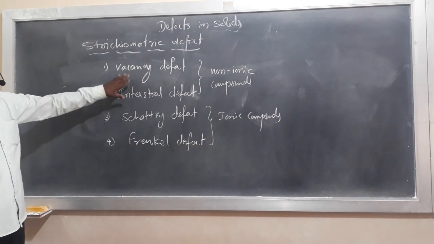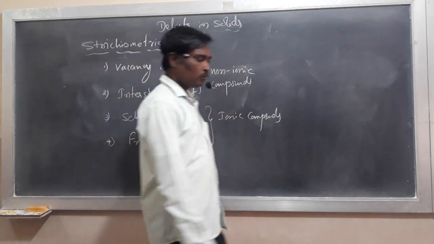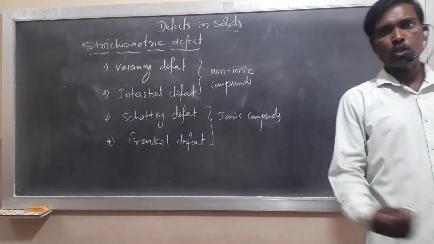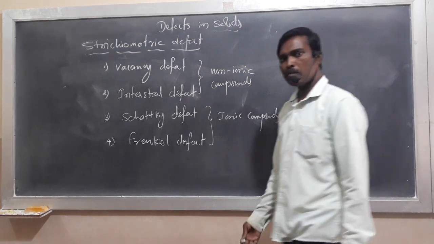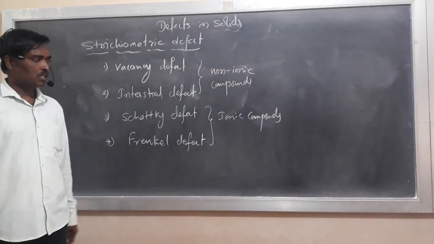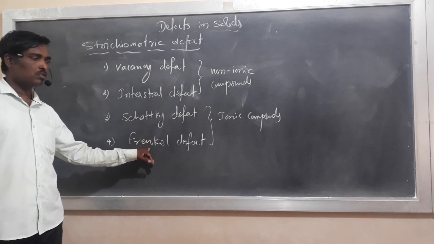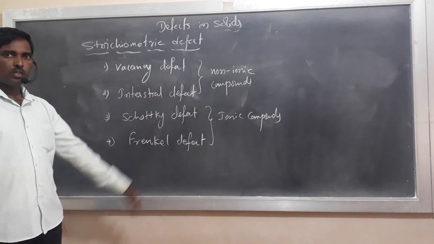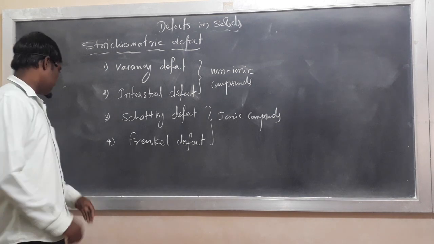Vacancy and interstitial defects are observed in non-ionic compounds, where the constituent particles are either atoms or molecules. Schottky and Frenkel defects are observed in ionic compounds, where the constituent particles are ions.